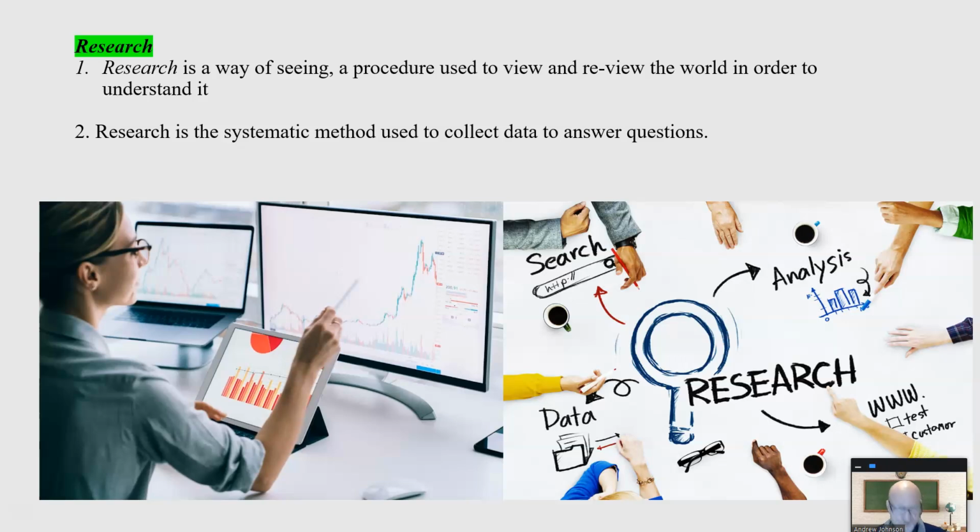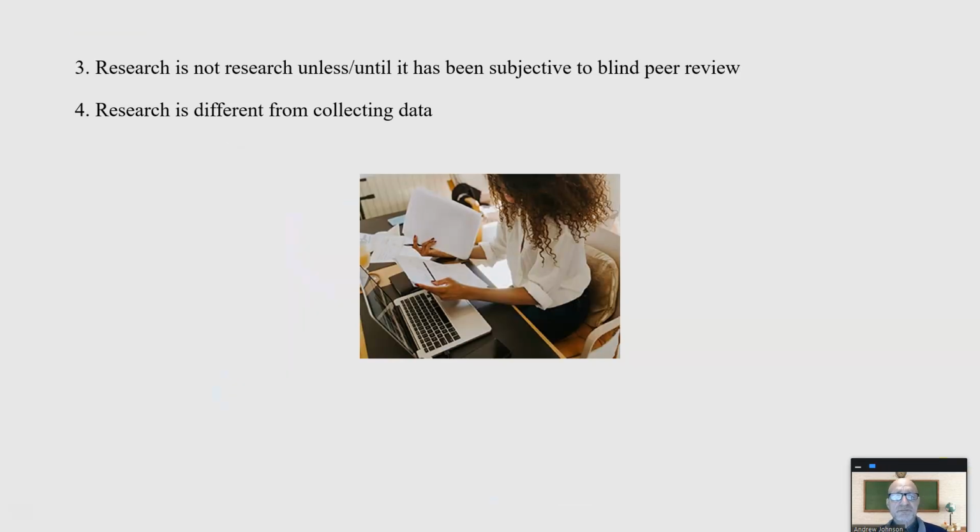It's a procedure or procedures used to view and review the world in order to understand it. It's a systematic way of collecting data to answer questions. It's not higgledy-piggledy. There is some systematic method used by the researcher through which the world is viewed, and different research methods or lenses provide different views of this reality.